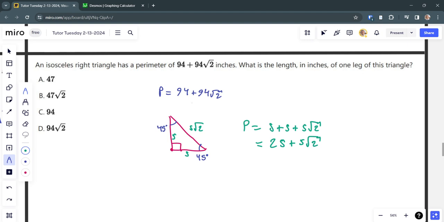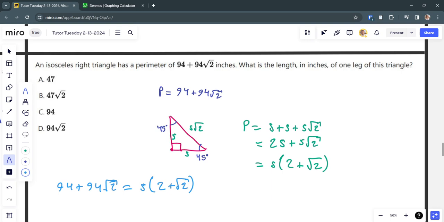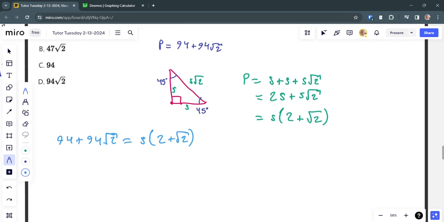For example, if I factor out an s from here, I can get 2 plus square root of 2. And then we know that this in total is equivalent to this term right here. So let's set a new equation down here where I equate 94 plus 94 root 2 equals s times 2 plus root 2. Maybe there's a way I can get these quantities to look the same, like maybe there's something I can factor out on the left hand side that would make it match.